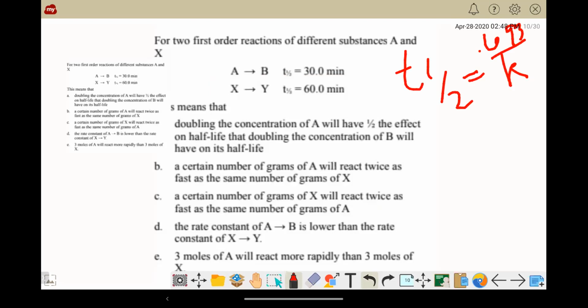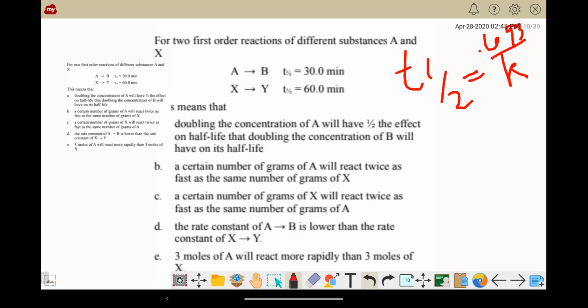That's one way you can eliminate A. Concentrations don't have an effect on half-lives because they don't have effects on the rate constants. Will it make the reaction happen at a faster or slower rate? Sure, but not the rate constant, and so therefore not the half-life.